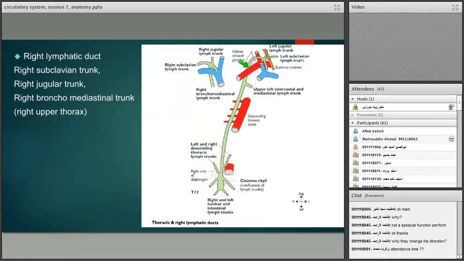Look at here. It goes upward in the neck, makes an arc, then comes back and drains the lymph at the junction of the left subclavian and internal jugular vein.